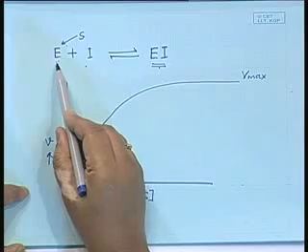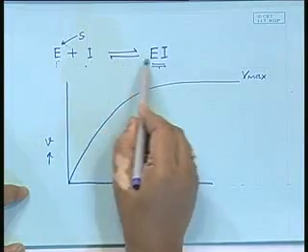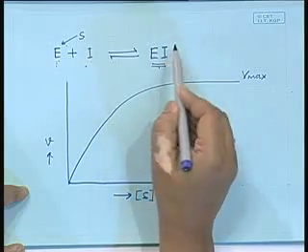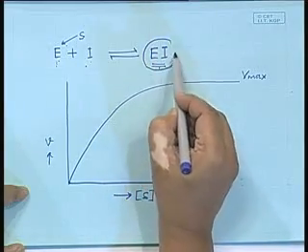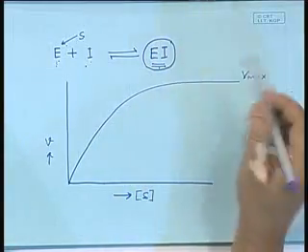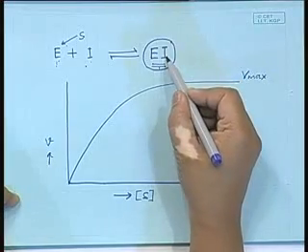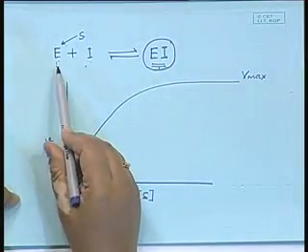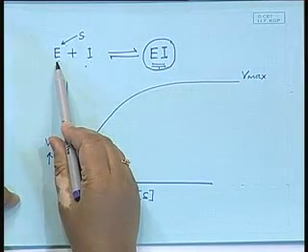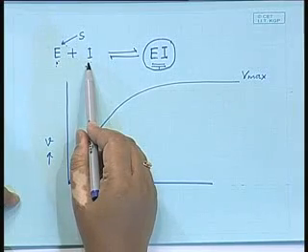Why? Because my enzyme inhibitor complex actually has an equilibrium. This is a loose association, so I can have free enzyme dissociated from the inhibitor.